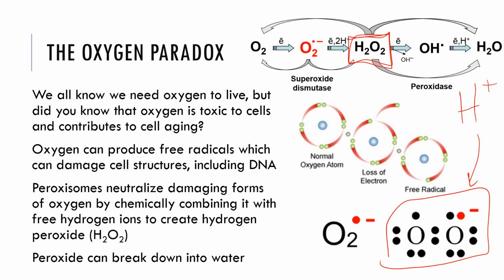That's why we keep it in a dark brown container and we often have to get rid of it. Because after a few months, especially if it's exposed to sunlight, hydrogen peroxide breaks down into water. So it's a way of taking something very dangerous that can mutate our DNA and turning it back into water and hydrogen.